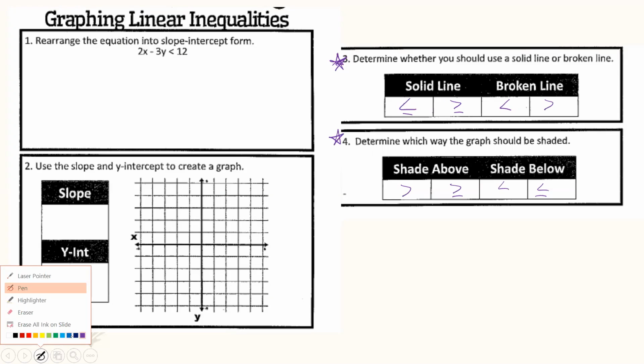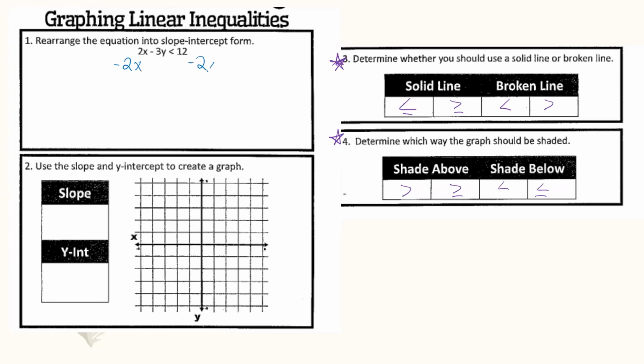All right, so hopefully you took a minute to actually get that into slope-intercept form. So let's check our work. Subtracting 2x. Dividing everything by -3.